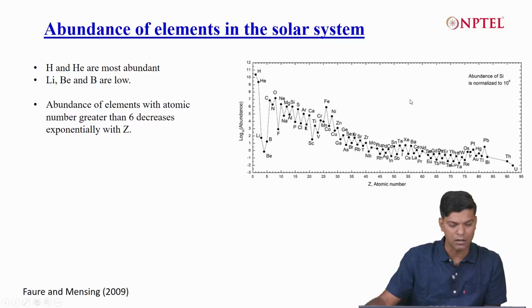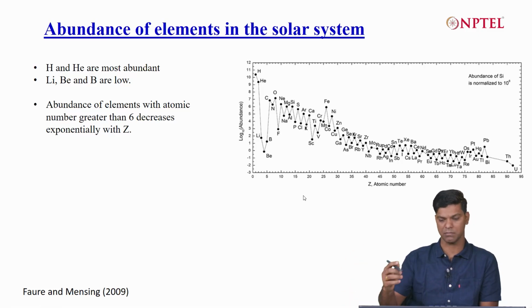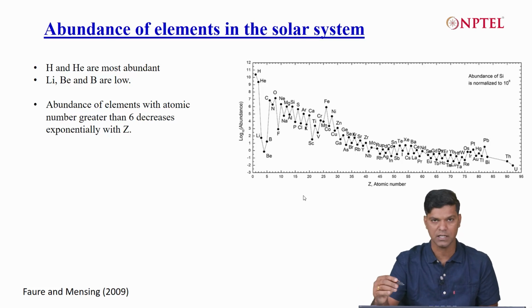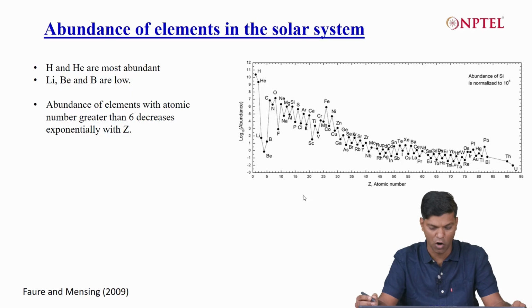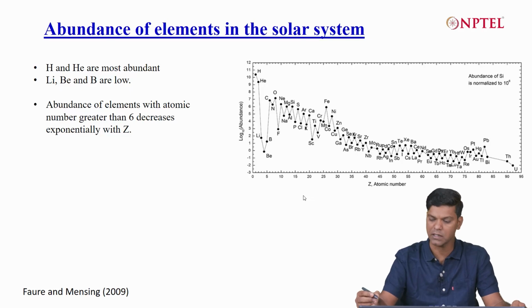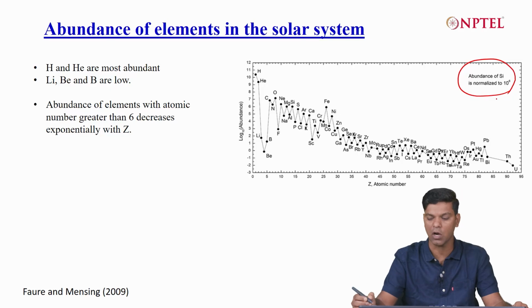This is a very famous diagram about the abundance of elements in the solar system. We will discuss this also in the next lecture when we discuss how elements are formed, but generally these numbers are reported as normalized to silicon, assuming that the silicon abundance is around 10 to the power 6.